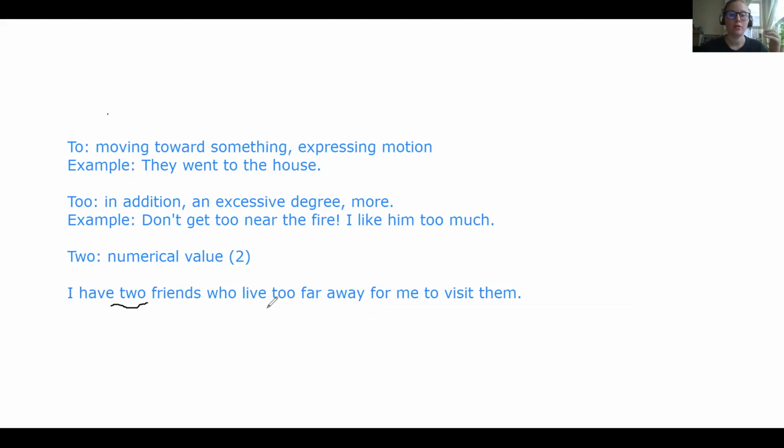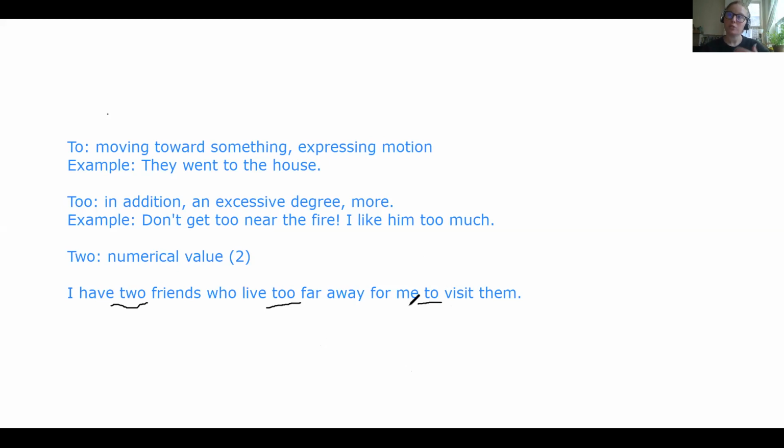That TOO, live too far away. It is so far away. Maybe it's excessively far. It's so far apart. Live too far away from me to visit them. TO. So this is connected to this idea of visiting.